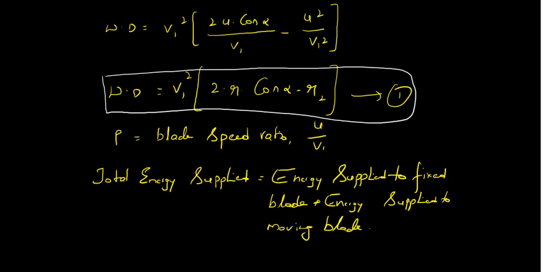Now we will write the relations for how the energy is being supplied to the fixed blade and how the energy is being supplied to the moving blade, right? V1 square divided by 2 plus VR2 square minus VR1 square divided by 2.